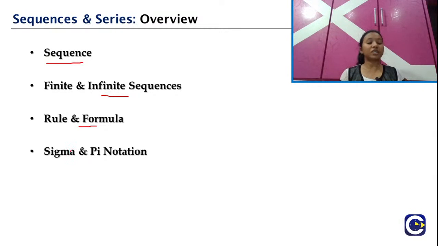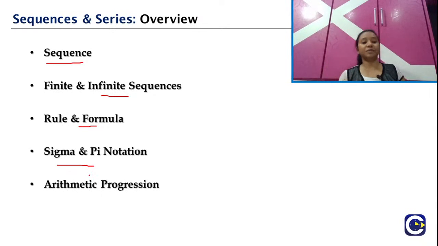We should also be familiar with the pi notation. In combination, we are going to see the sigma as well as the pi notation along with the properties related to these two notations.